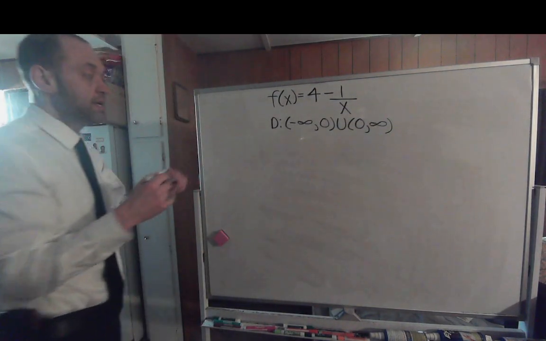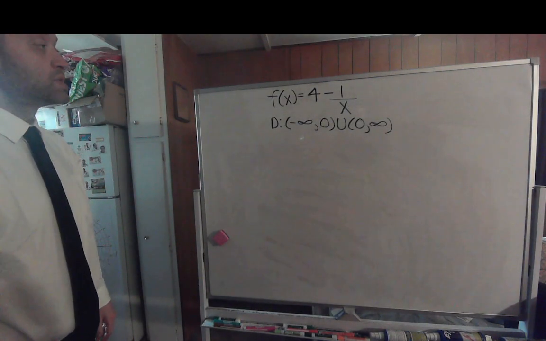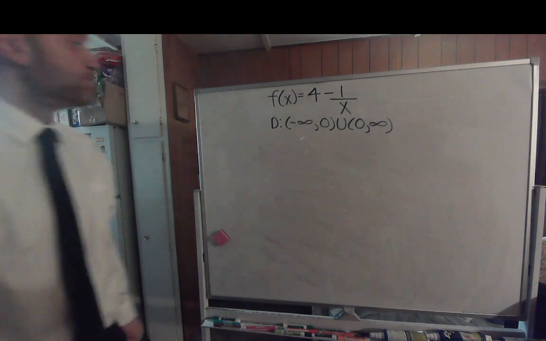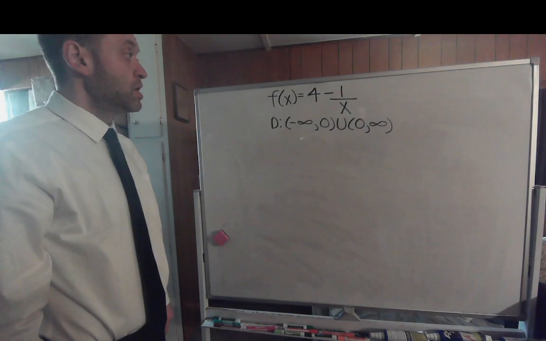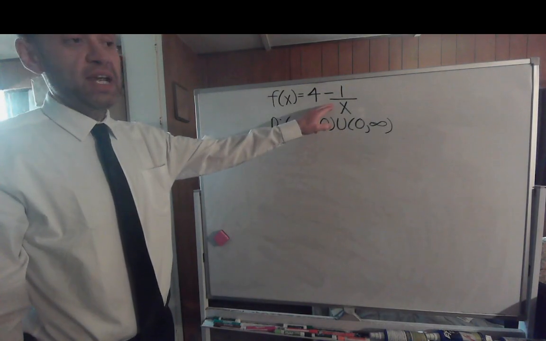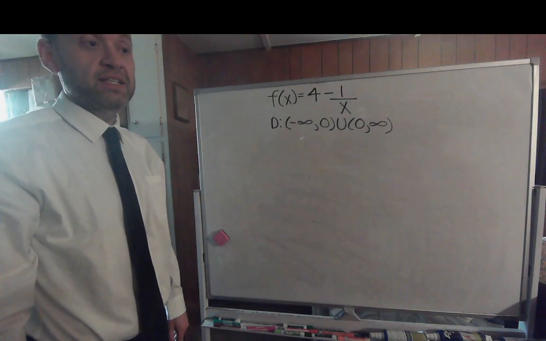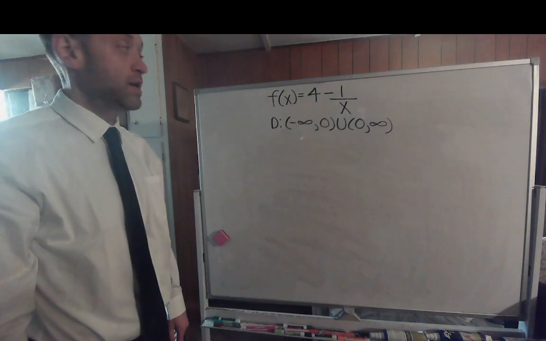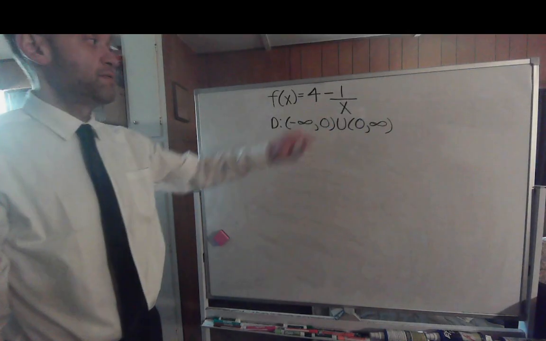All right, now what about when we want to deal with the range? We can clearly see that negative 1 over x is just a reflection in the x-axis, and the y-axis for that matter too. This is simply a reflected graph.